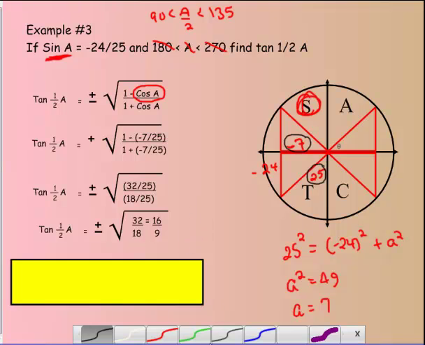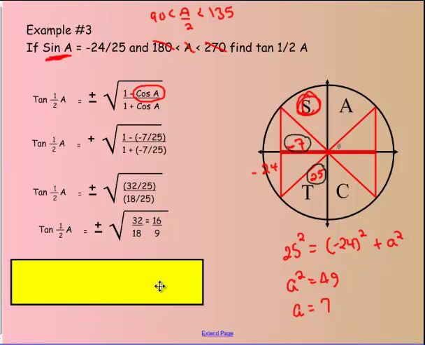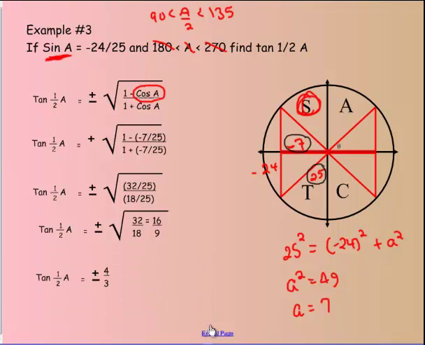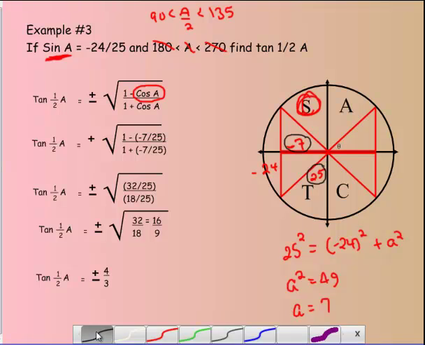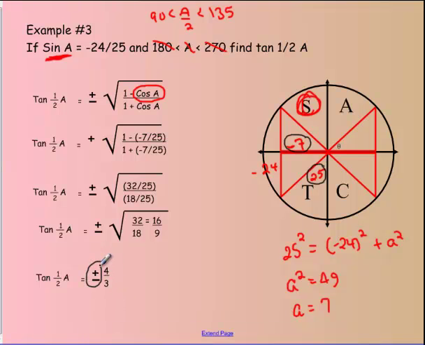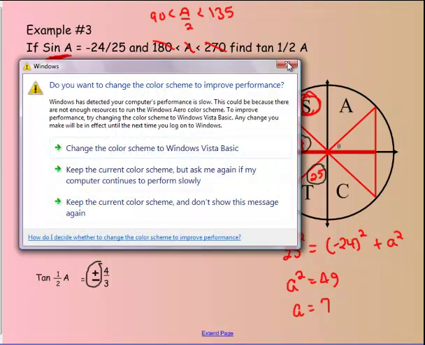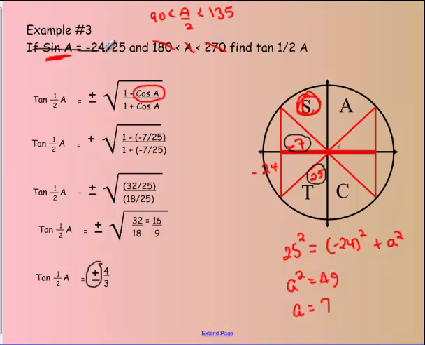And right here, to make life easier, 32 over 18 does reduce to 16 over 9, and we like that because we can take the square root of 16 over 9 very quickly and get 4 over 3. Now the only thing we're deciding is, is it positive or is it negative? Let's see. We've done the sine, we've done this. Oh, right here, that's what we did right in the beginning. We're in quadrant 2. And in quadrant 2, tangent is negative.